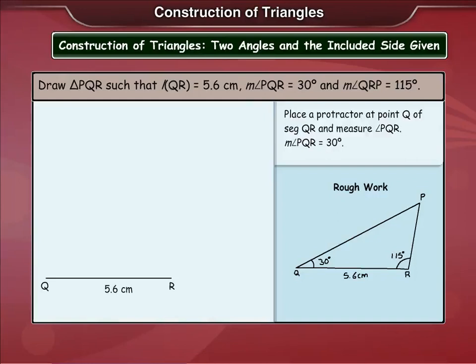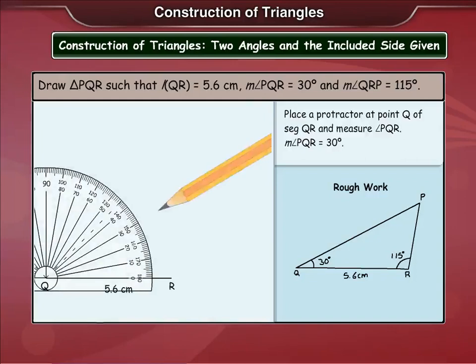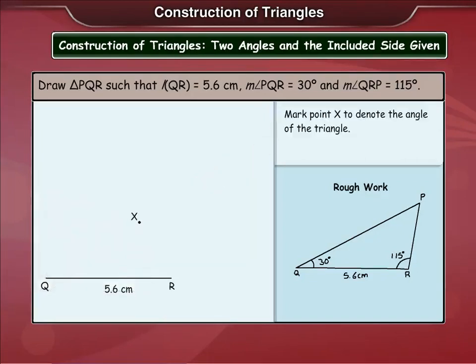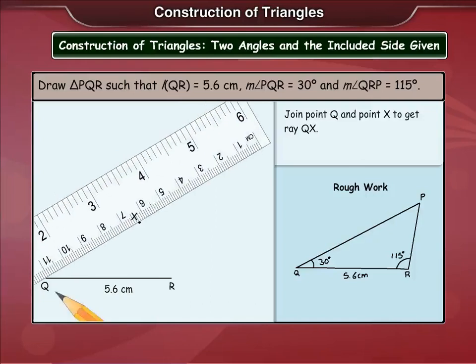Now let us construct triangle PQR on the other side of segment QR. First, let's draw a rough diagram of the required triangle. Now, let's write the measure of the angles and the length of the included side in the rough diagram. Draw segment QR of length 5.6 cm.